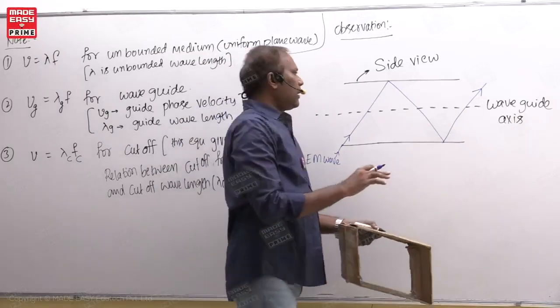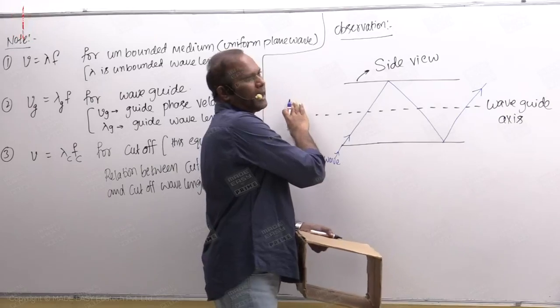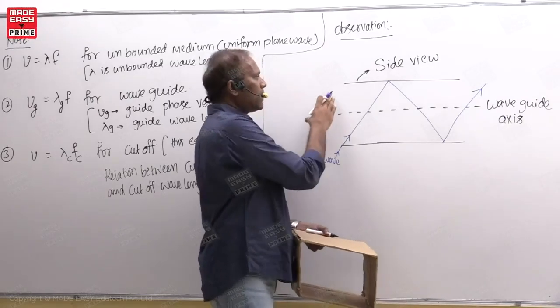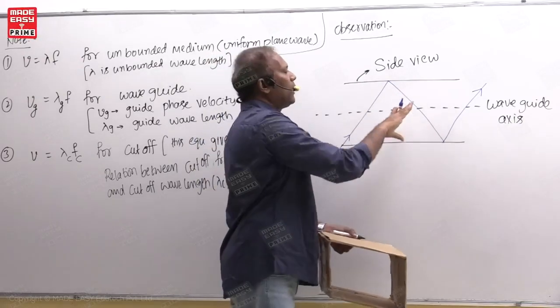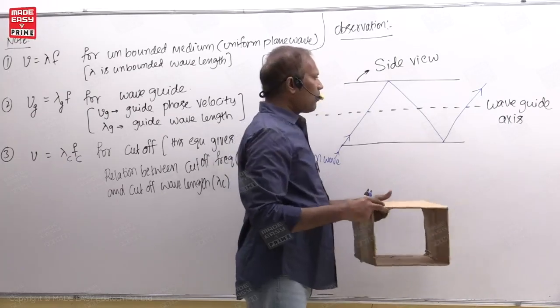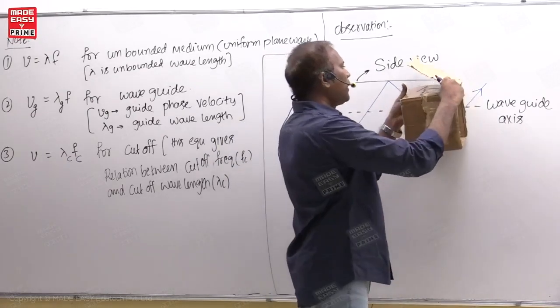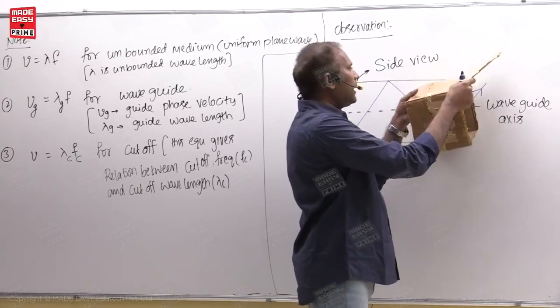For example, here we can connect a radio signal or otherwise a satellite signal. That signal is generated here, and we are sending it through the waveguide. Once you send it here, what we do is put the horn antenna.